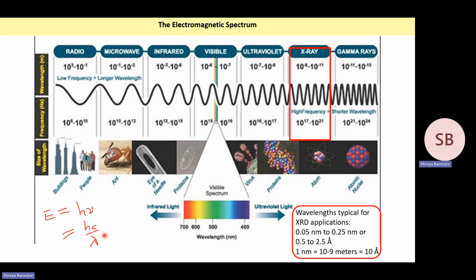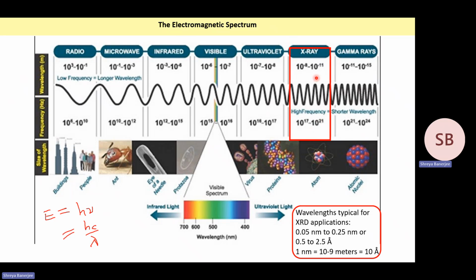So the lesser the wavelength, the greater the energy. Radio waves have high wavelengths, so they are low energy waves. From radio waves, as you go to microwave, infrared, visible, UV or ultraviolet, X-ray and gamma ray, from left to right, the wavelength is decreasing. That is, the energy is increasing.